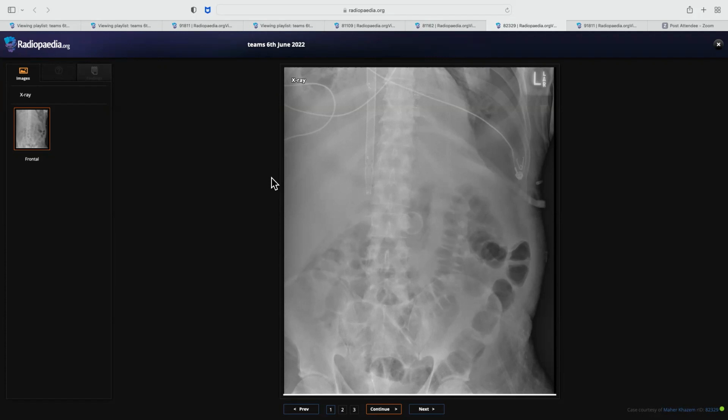What else? There are multiple dilated bowel loops, and there is evidence of hepatomegaly. And the lower lungs show opacification, more on the right side, indicating pleural effusions.